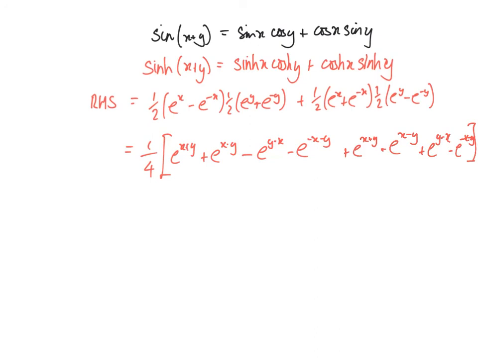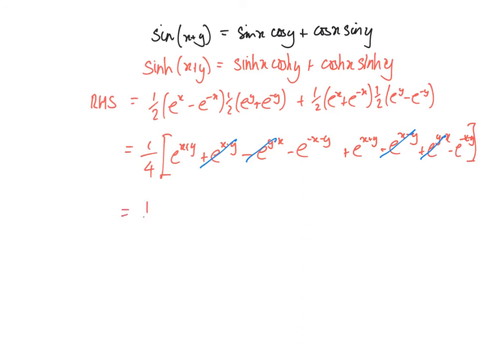Now see again that some of these things will cancel out. We have an e to the x minus y, and we have a minus e to the x minus y. We also have an e to the y minus x and a minus e to the y minus x.